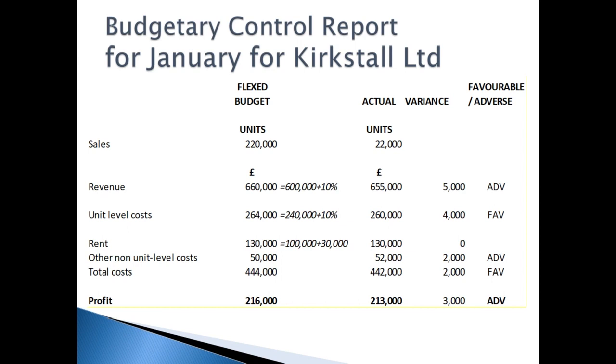Notice that the profit here is actually less than it should have been. And the biggest problem isn't the rent. The rent isn't a problem at all. Now, the biggest problem is actually with the revenue. Not the number of units, it must be to do with how much they're selling each unit for.